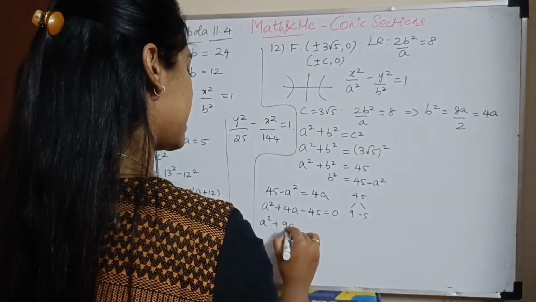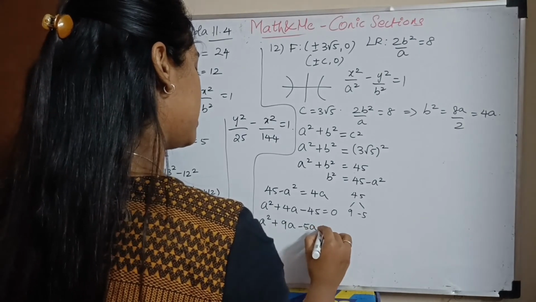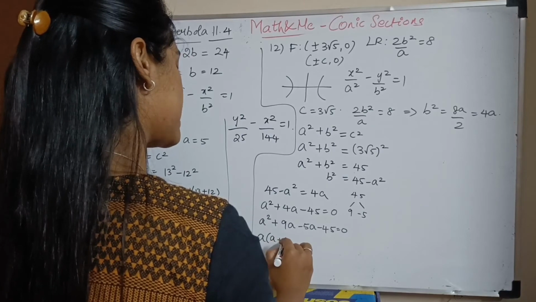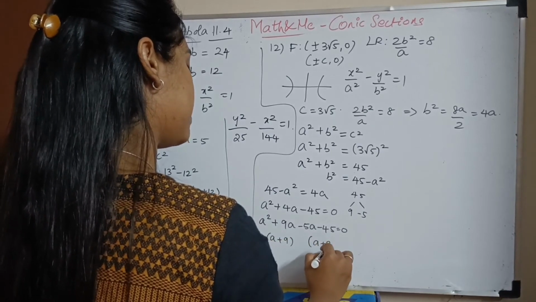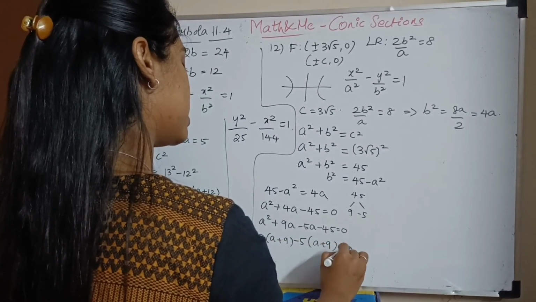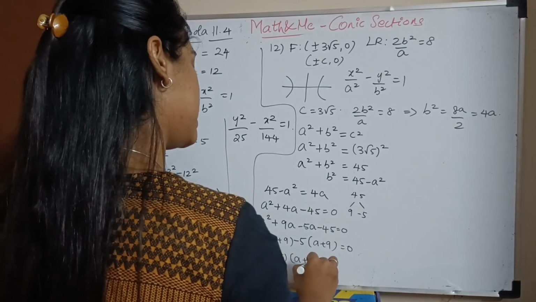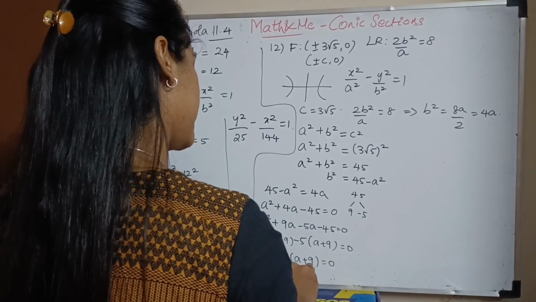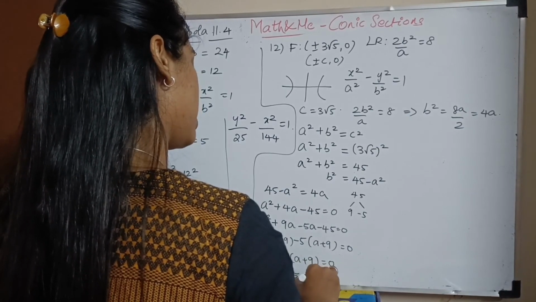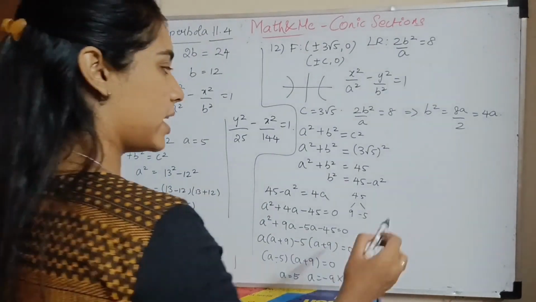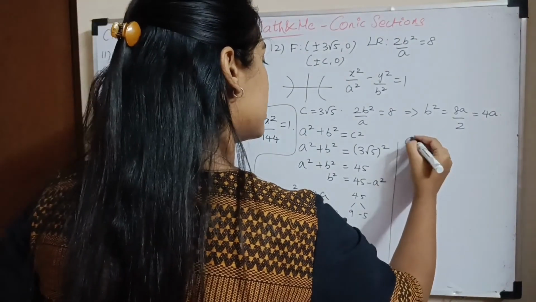So a square plus 9a minus 5a minus 45 equals 0. Taking a out, I have a plus 9, I'm left with a minus 5. So it is a minus 5, a plus 9 equals 0. So a's value is either 5 or minus 9. Neglecting the negative value because the distance cannot be negative, my a value is 5.